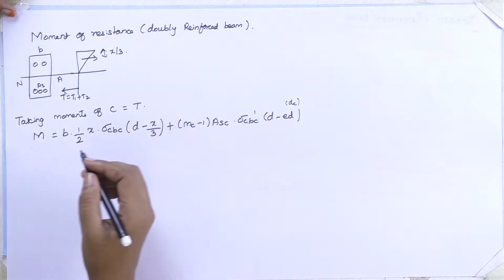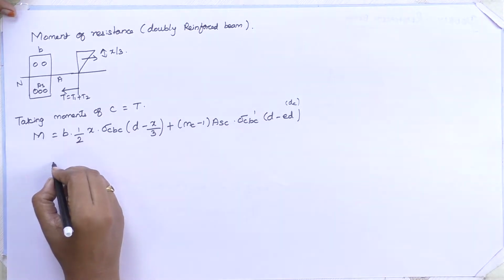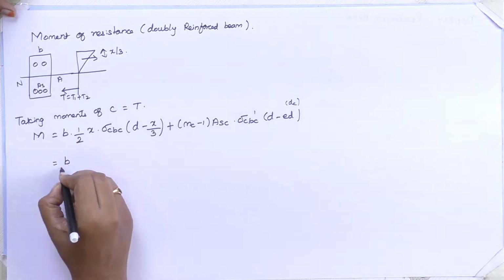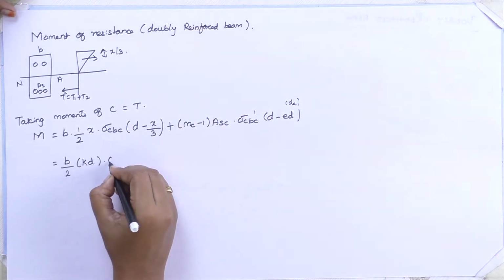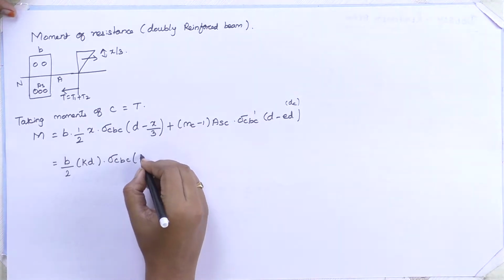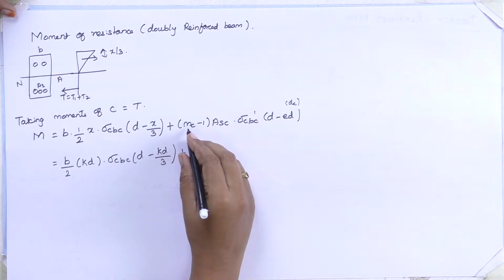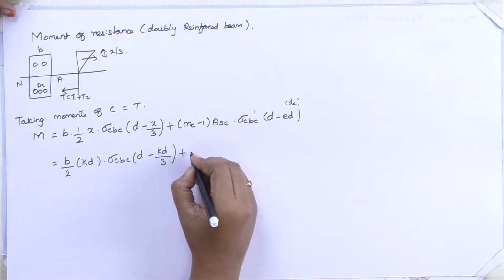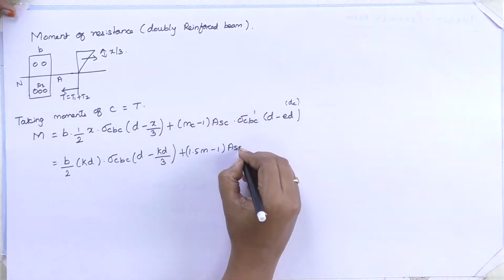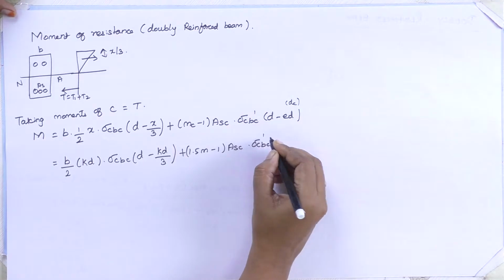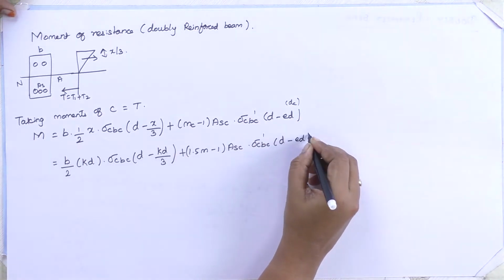From this, we can directly calculate: M is equal to half of x, and for x you can write kd, into sigma CBC into (d minus kd divided by 3), plus, for m, here you can write 1.5 m also, (1.5 m minus 1) into ASC into sigma CBC dash into (d minus dC).